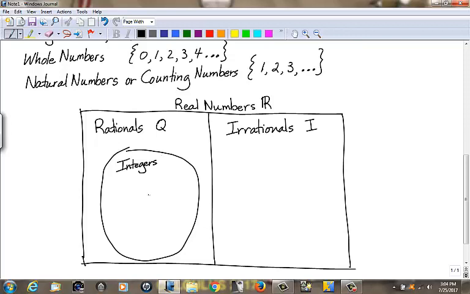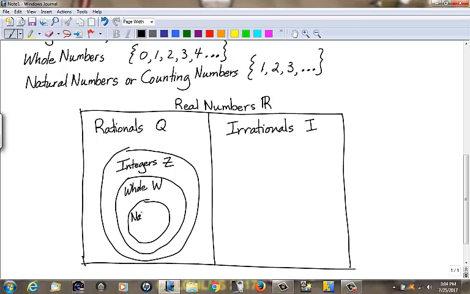In the integers, they're going to use an uppercase Z to represent the integers. Inside the integers, we have the whole numbers. And the whole numbers are going to use an uppercase W. And inside the whole numbers, we're going to have the natural numbers. We're going to use an uppercase N.